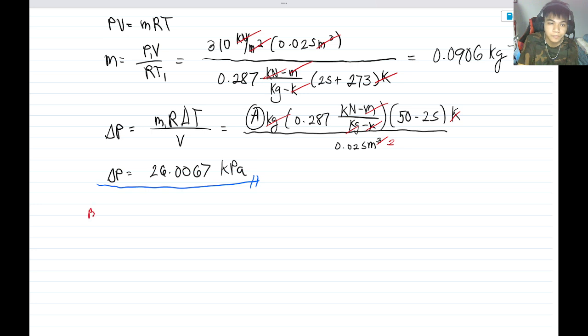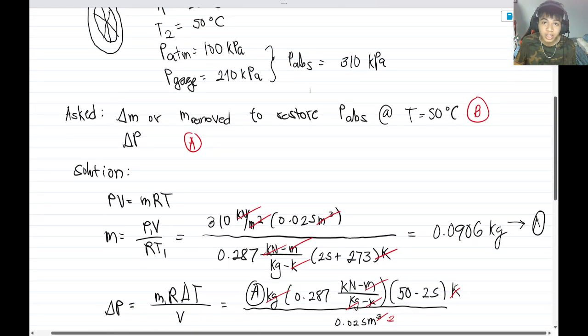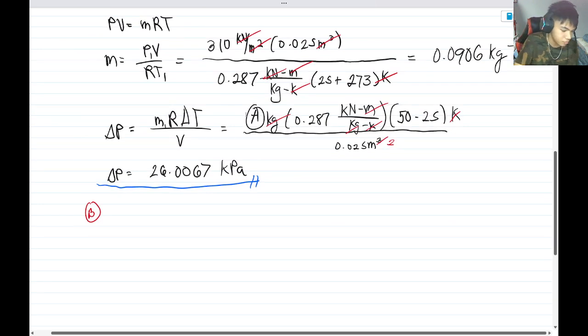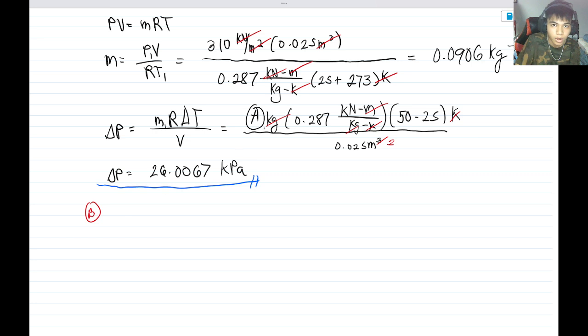Now for B, we have to solve the mass of air at a specific temperature where the pressure does not change. So here, let's just try to make it shorter. So we have 210 kilopascals right there, multiplied by 0.025. This is the PV equals mRT, by the way.